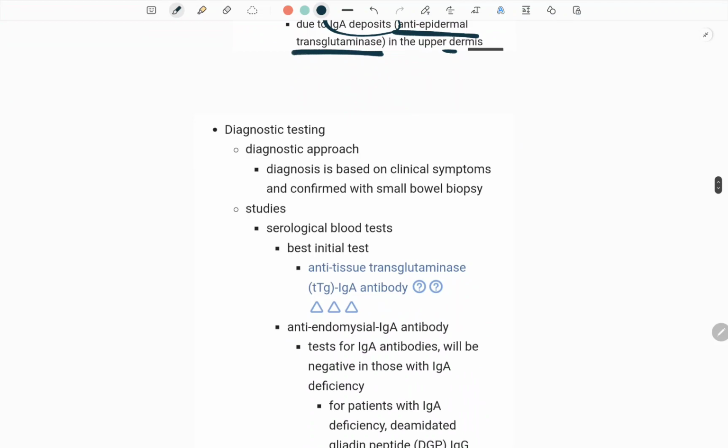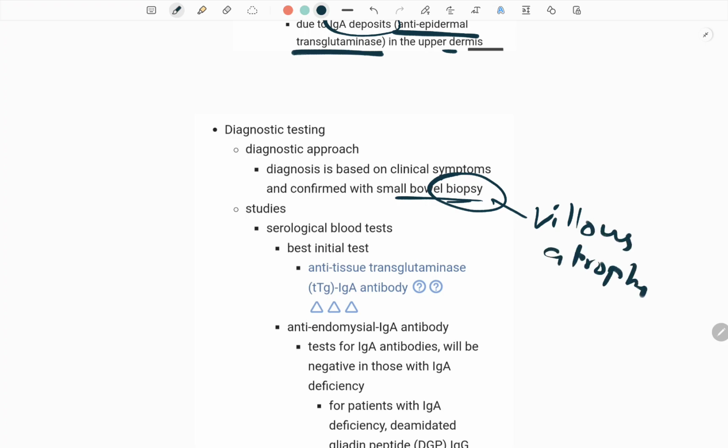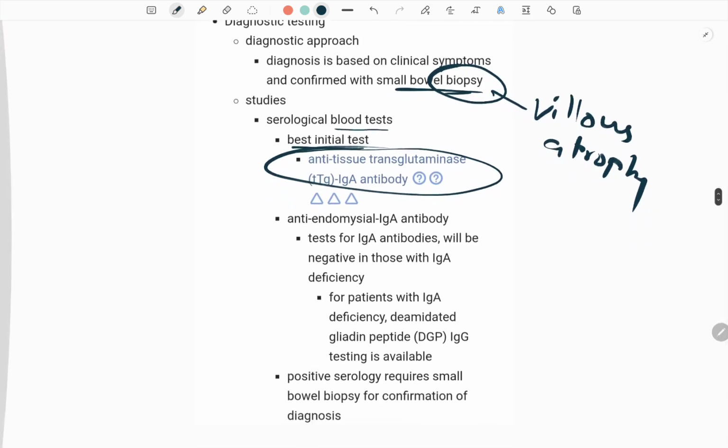The diagnosis is based on clinical symptoms and confirmed with small bowel biopsy, and the biopsy finding is villus atrophy. You can also do a serological blood test. The best initial test is to look for antibodies, which is anti-tissue transglutaminase IgA antibodies.